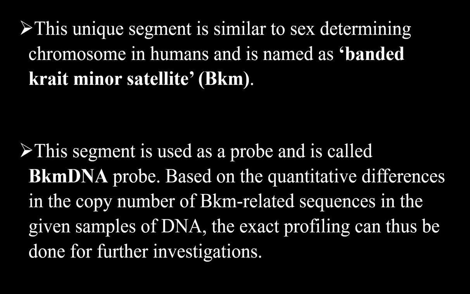This segment is used as the probe and is called BKM DNA probe. Based on the quantitative differences in the copy number of BKM related sequences in the given sample of DNA, the exact profiling can thus be done for further investigations.